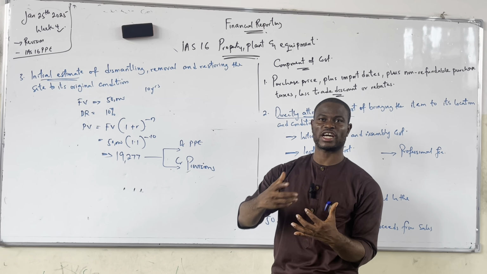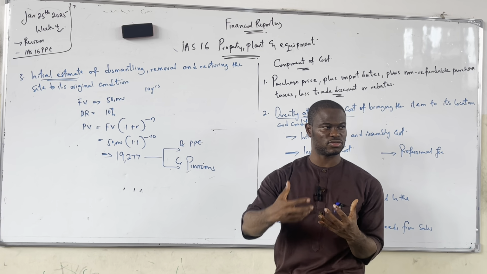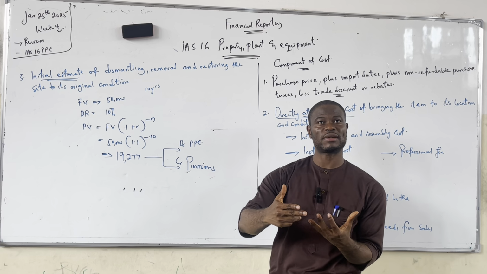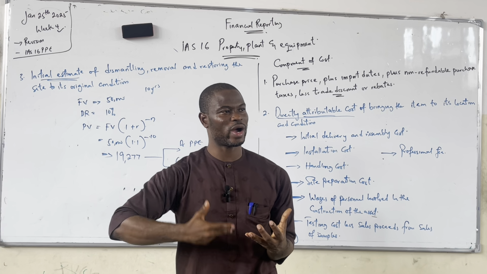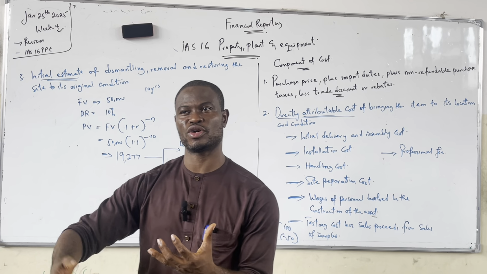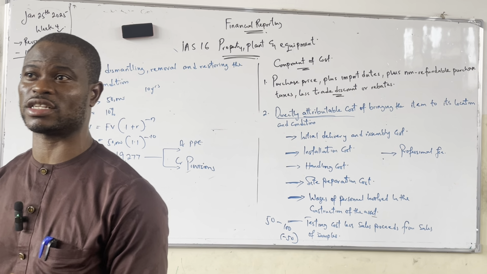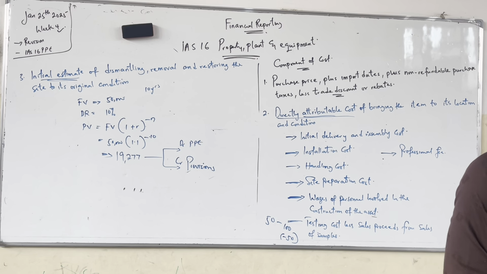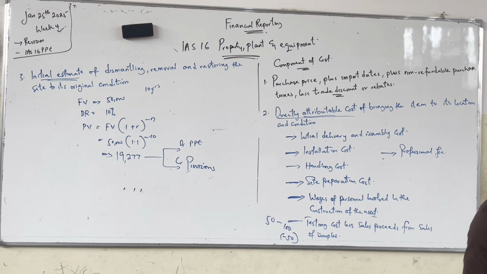As you move through time, you need to be unwinding the discount, in such a way that after 10 years, that provision should be 50,000 in your books.